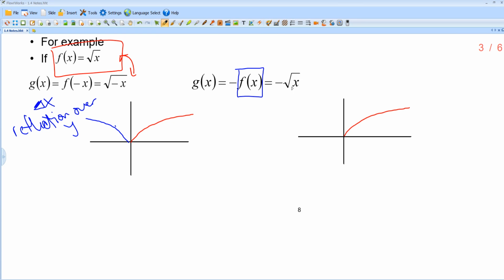Now, if I put in 4, I'm still working with the x value of 4. But I'm going to have the square root of 4, which is 2, and then the opposite of that, so it would become negative. So this graph is going to go like this. It's okay if you didn't exactly follow that logic. Always feel free to just play around with some points.